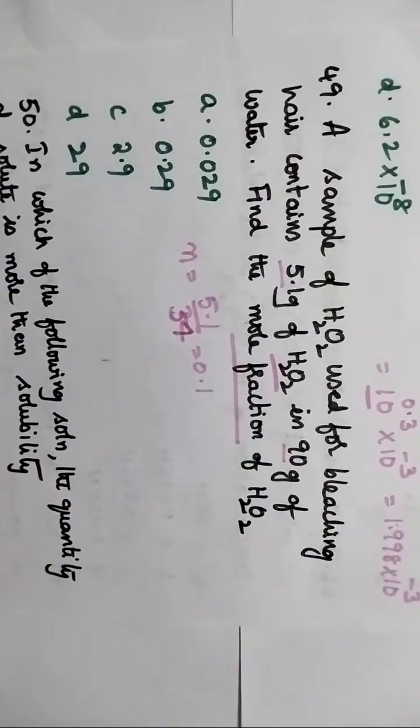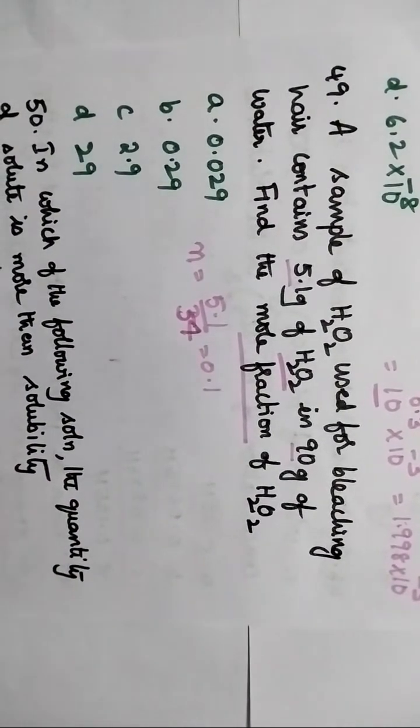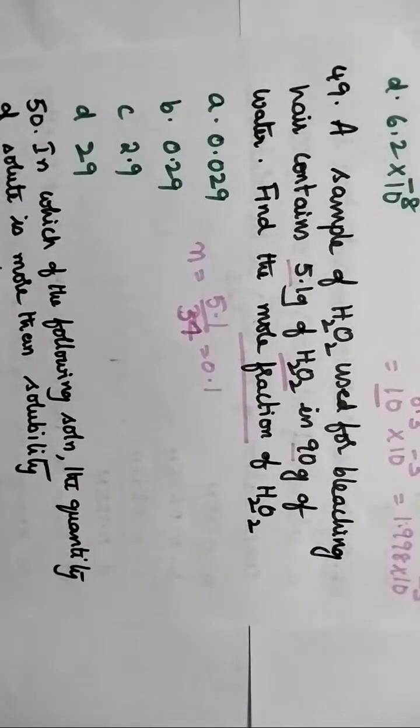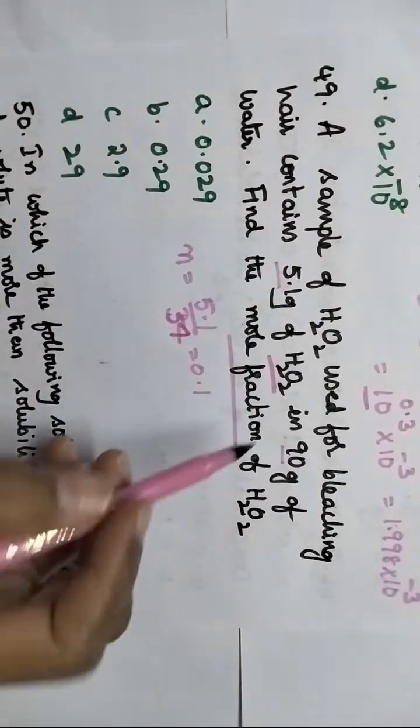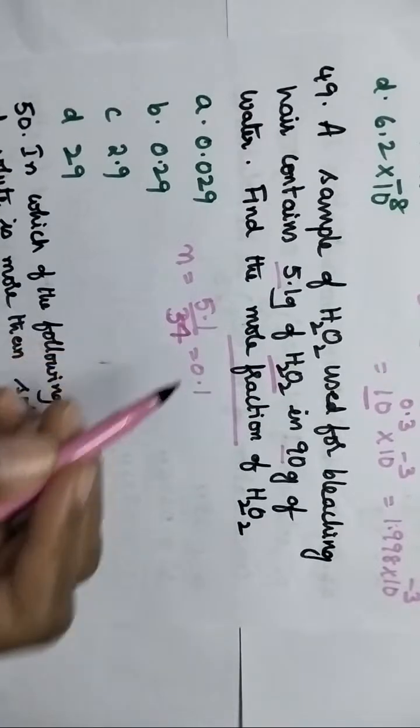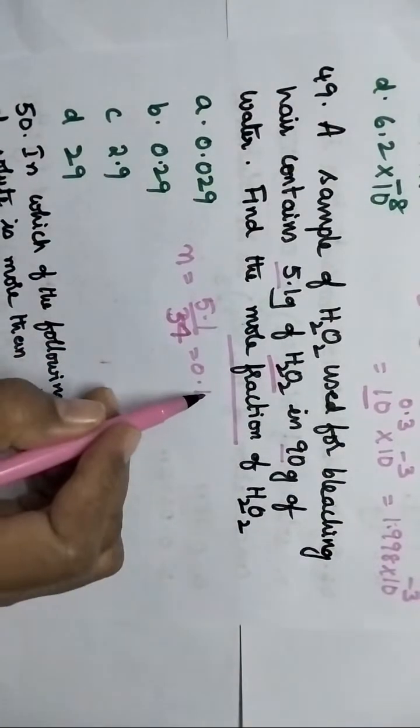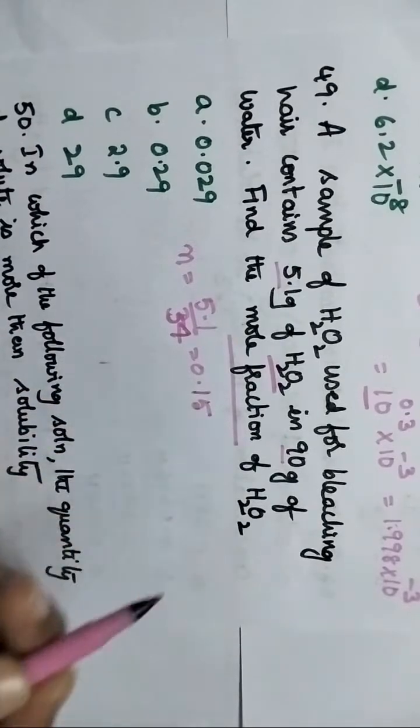Now do the calculation. What is the gram molecular weight of H2O2? 34. In that context, it is equal to 0.15.